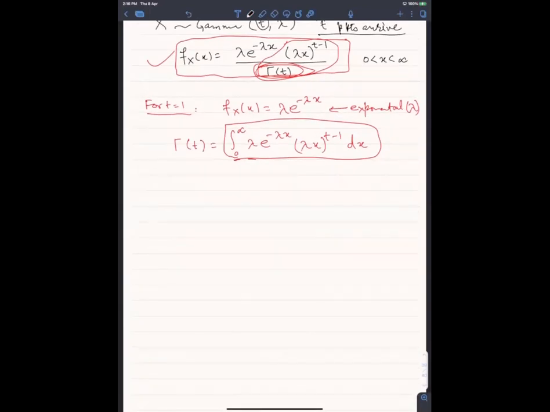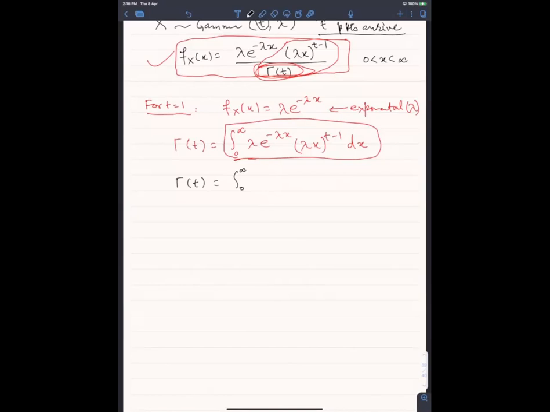Okay. Now I can simplify this expression for gamma t. We can simplify it by putting lambda is equal to 1. So it does not matter what value of lambda I take. Okay, this is a definite integral from 0 to infinity, and for every value of lambda this guy should be the same.